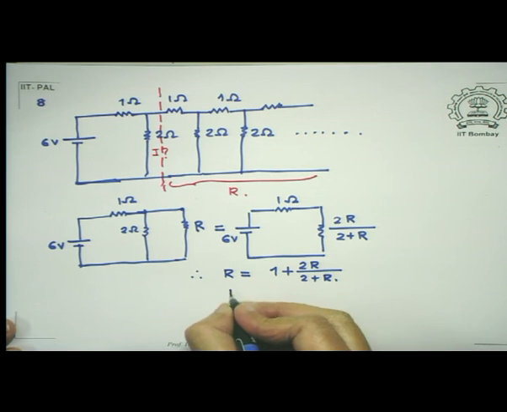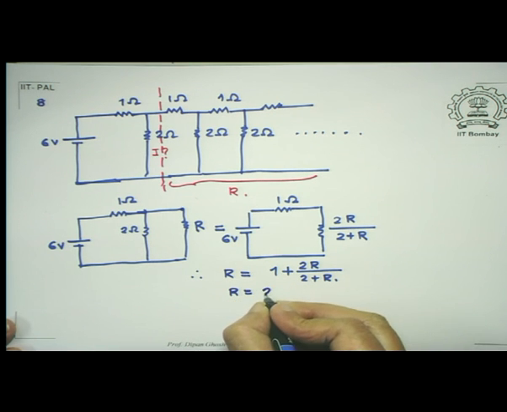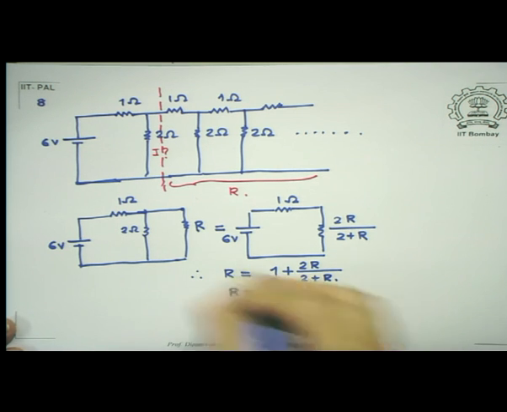So R will turn out to be equal to 2 ohms. Just take the quadratic equation and take the positive solution there.